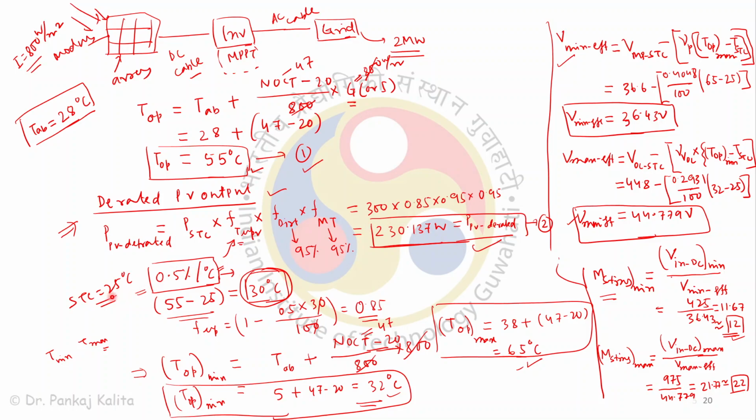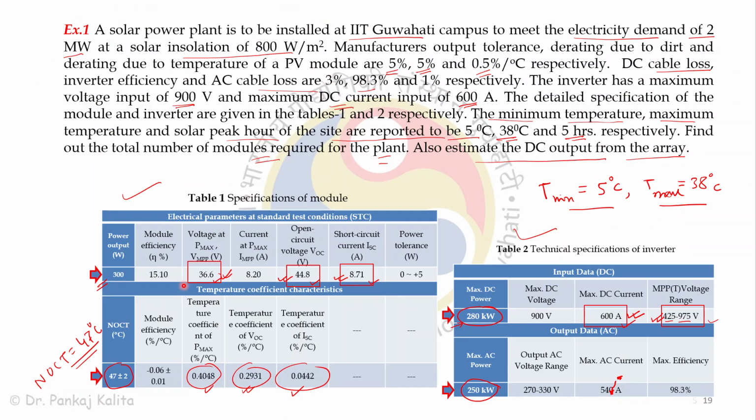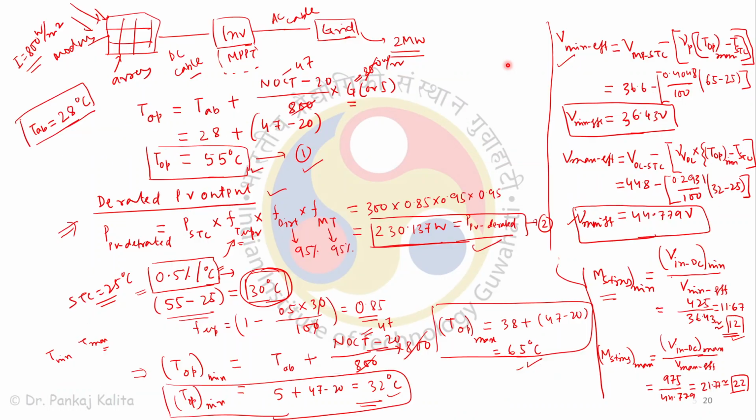And then there is an STC of 25 degrees Celsius, and 0.5% of power is lost per degree Celsius. Here it is mentioned as derating temperature. Based on that, you calculate the other parameters like T_O minimum and T_O maximum. So minimum is 32 degrees Celsius, maximum 65 degrees Celsius.